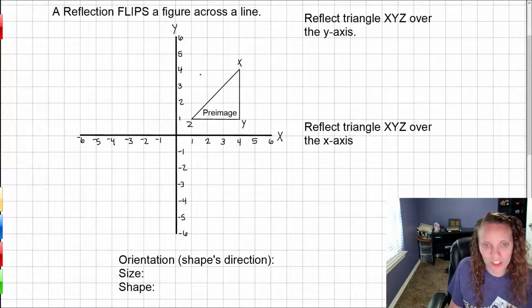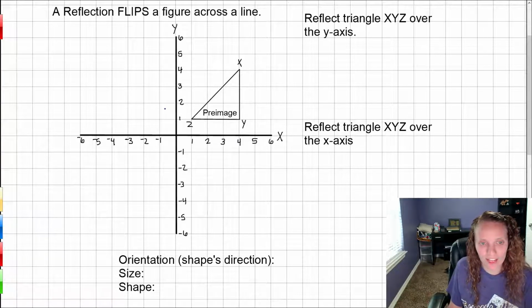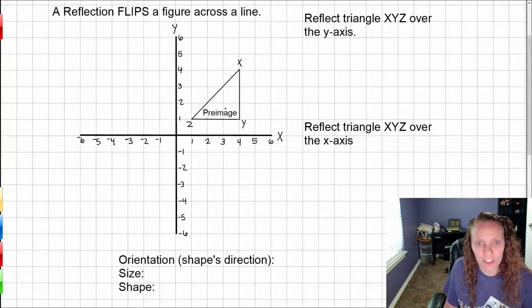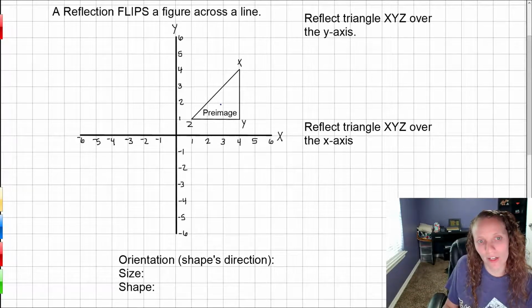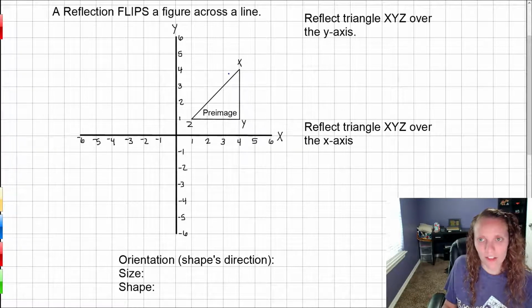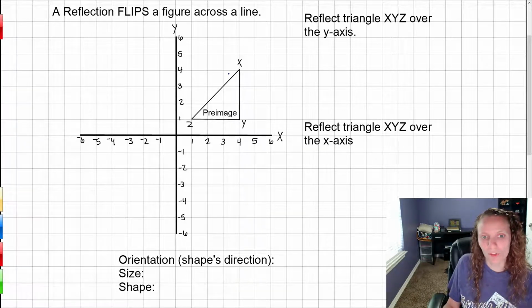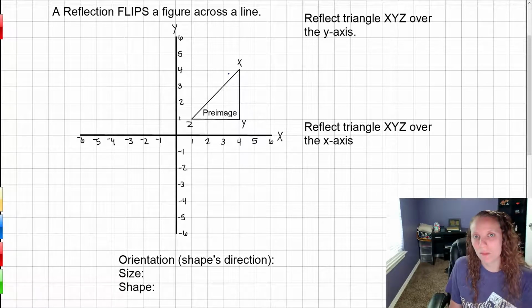A reflection looks the same on either side, and so in this case our y-axis is going to represent the mirror, and so our triangle, this pre-image here, is going to be reflected across this mirror or the y-axis. Reflecting a triangle or any shape is all about counting the distance it is away from the mirror.